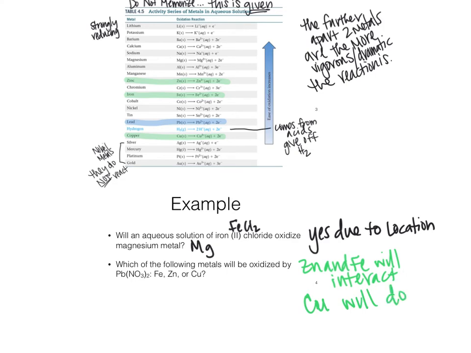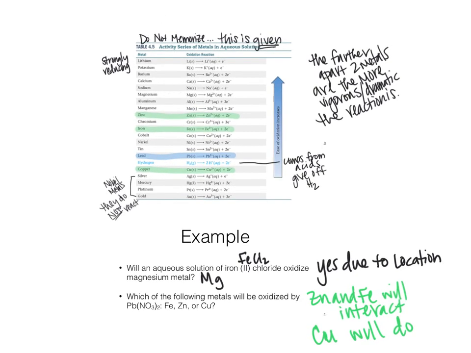For the most part, when we consider the activity series, we'll ask questions. Will this interaction occur, yes or no? If you were to drop copper into lead nitrate, nothing would happen. The lead nitrate would still be aqueous and the copper would still be solid.